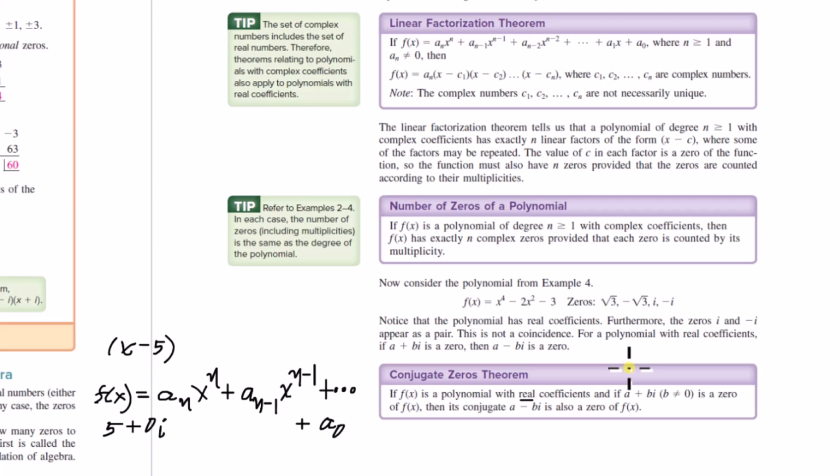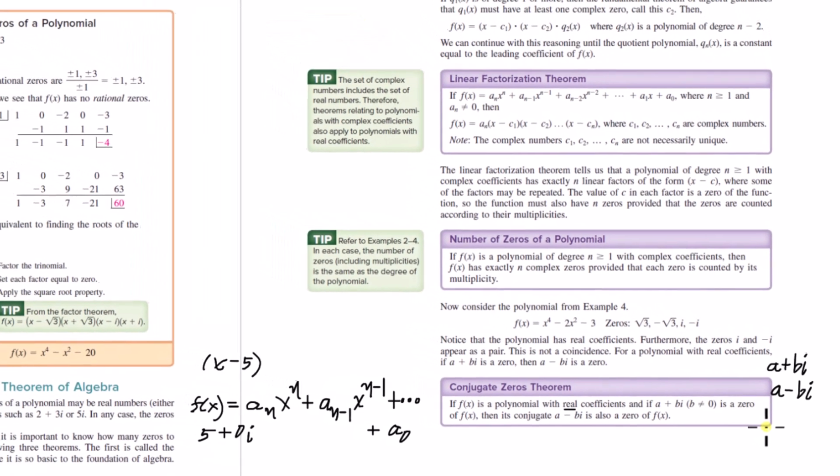You might get a complex zero that's alone. That's the conjugate zeros theorem. Any imaginary zeros of a polynomial with real coefficients always occur in conjugate pairs. That's why if you multiply these conjugate pairs together, you get a quadratic with all real coefficients.